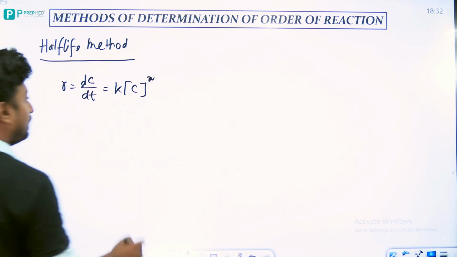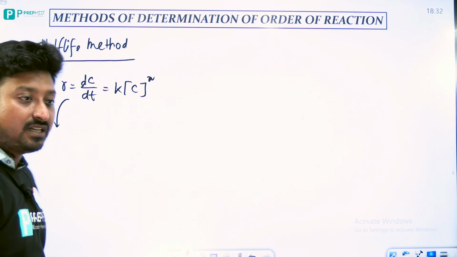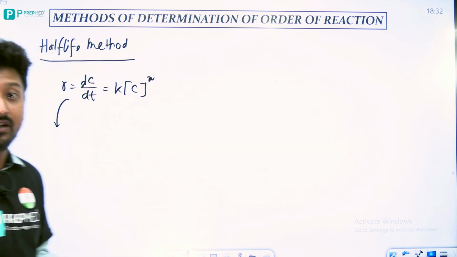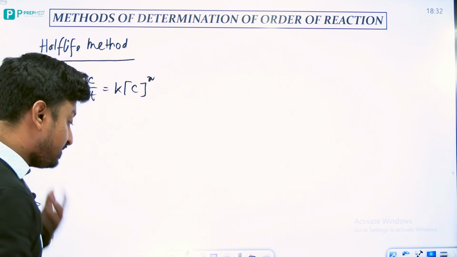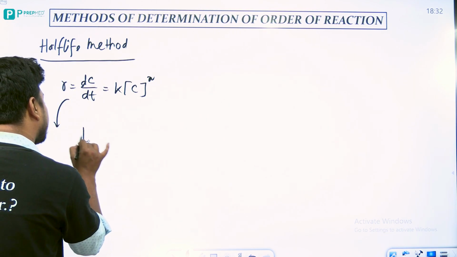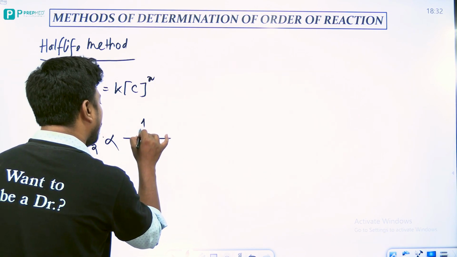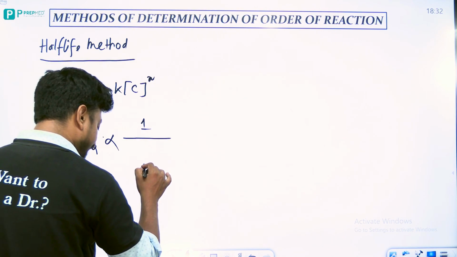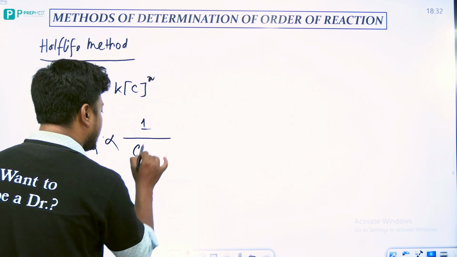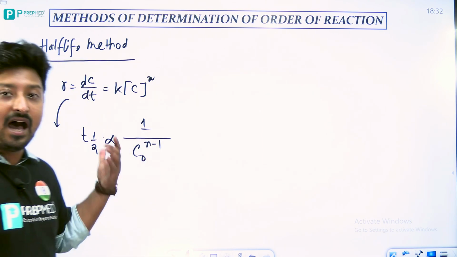If I integrate this nth order reaction to find the integrated equation along with the half-life, I will get a very interesting expression: t half will be proportional to 1 by C0, the initial concentration, to the power n minus 1.